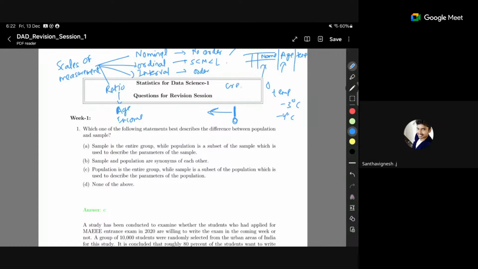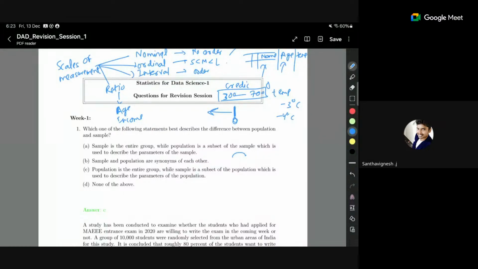Let's say credit score: I think it starts from 300 and goes up to 700. There is no zero in between. Zero is important because it gives a reference. You can double a number if you have zero in it, you can do addition, you know what the reference point is. So all four kinds of scales are there.